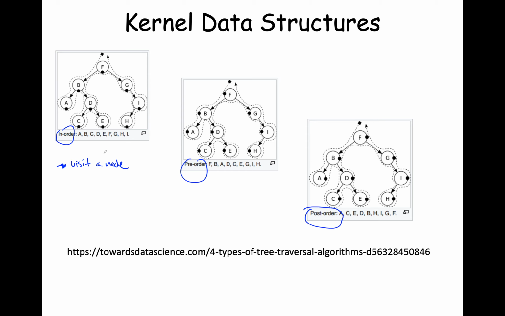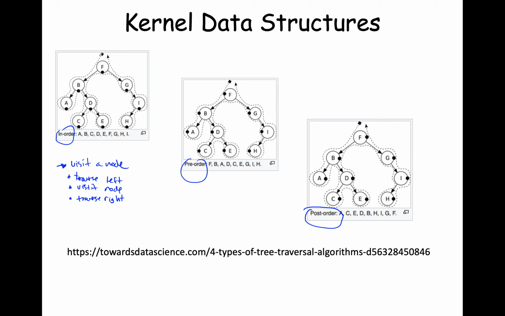And so for in-order search, the scheme is you traverse the left child, you visit the node, and then you traverse the right child. So let's take a look at this.